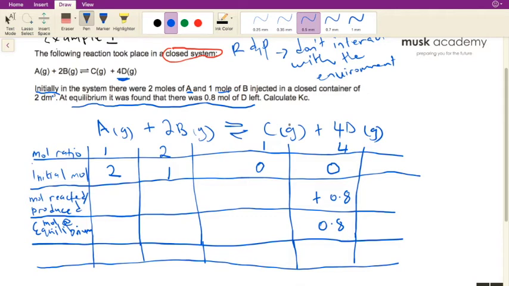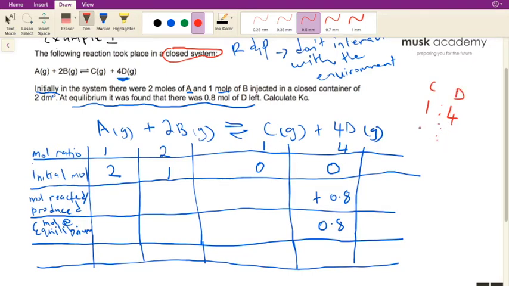So let's look at the ratio of C and D, which is 1:4, right? For every one mole of C that was formed, 4 moles of D were formed.